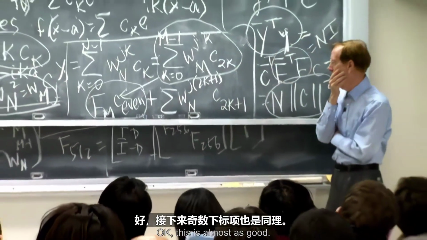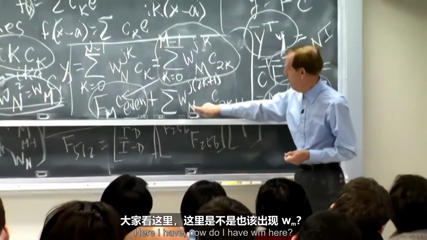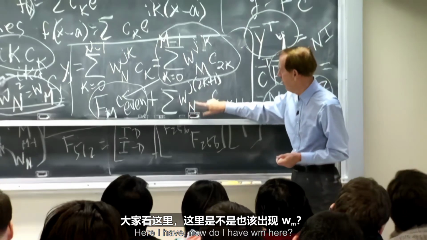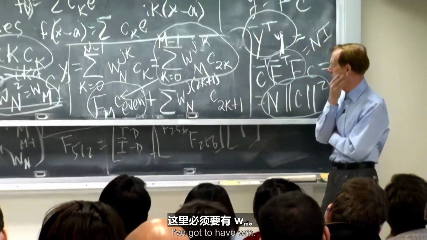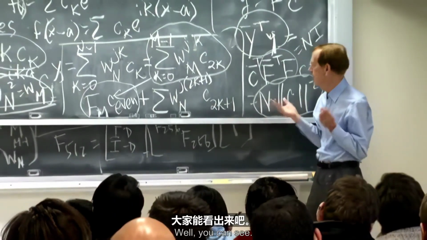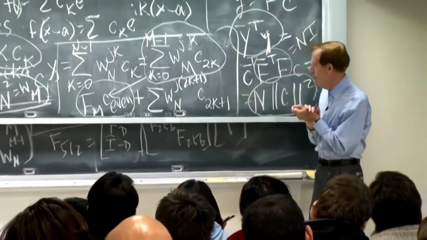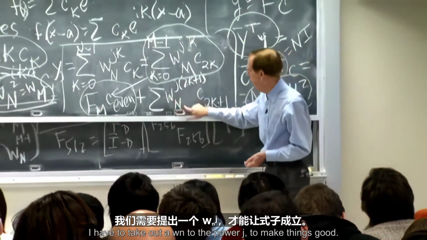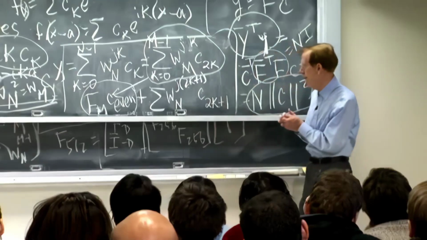Okay, this is almost as good. This is the odd c's. Here, do I have W_m? I've got to have W_m. Well, you can see it's not quite coming out right, and that's the twiddle factor. I have to take out a W_n to the power j to make things good.